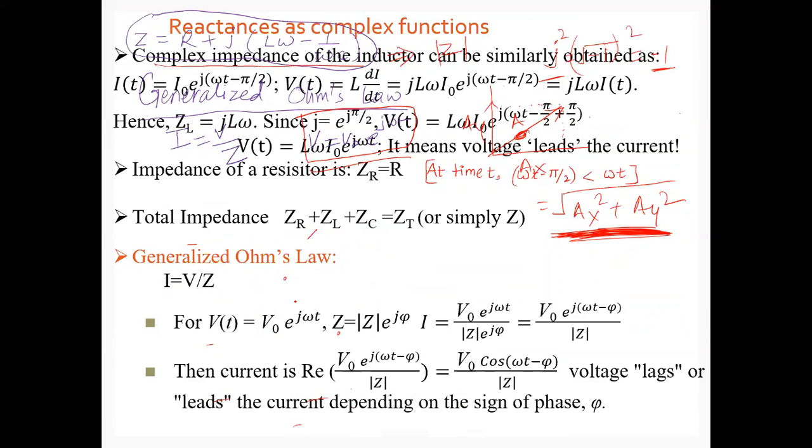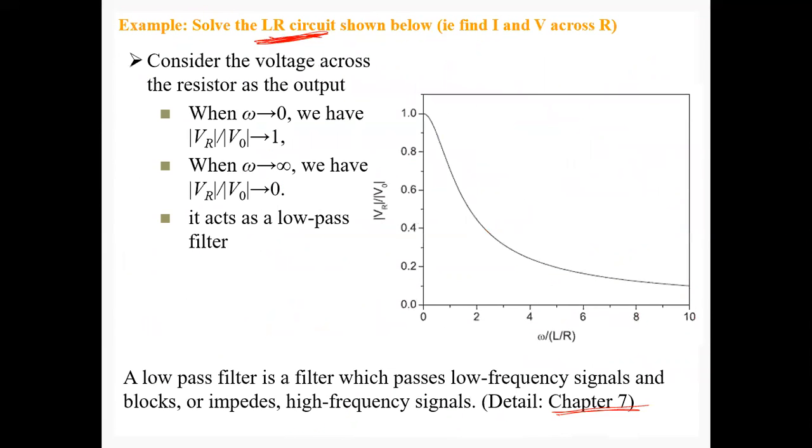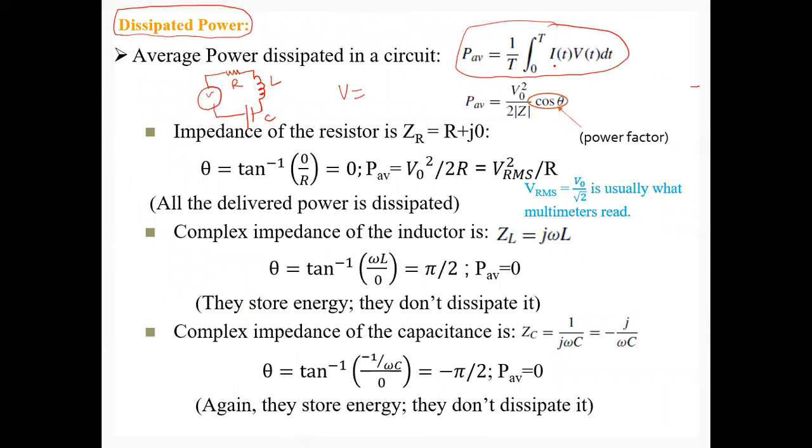So you have V, and this is I, remember? Plug this in here, plug this in here. If you plug this in and do the integration, you end up getting this formula, okay?